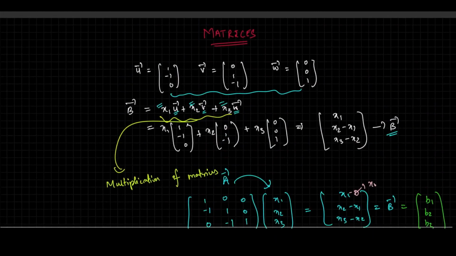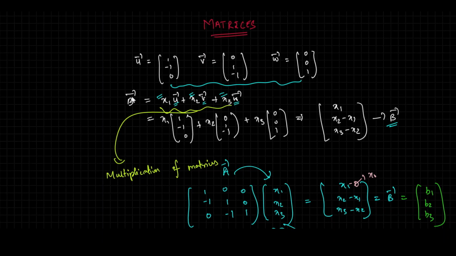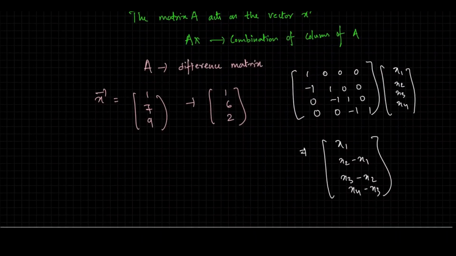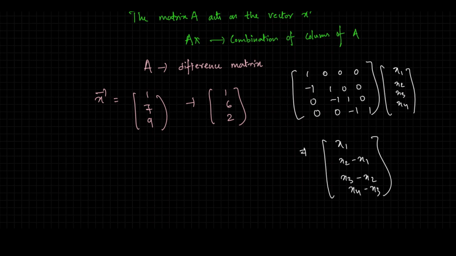If I gave you the same question in terms of linear combinations, asking for the output b as the difference of the components of the x vector, it would have been a difficult task. Rather, when you change the representation to matrices, you end up with a very easy result.